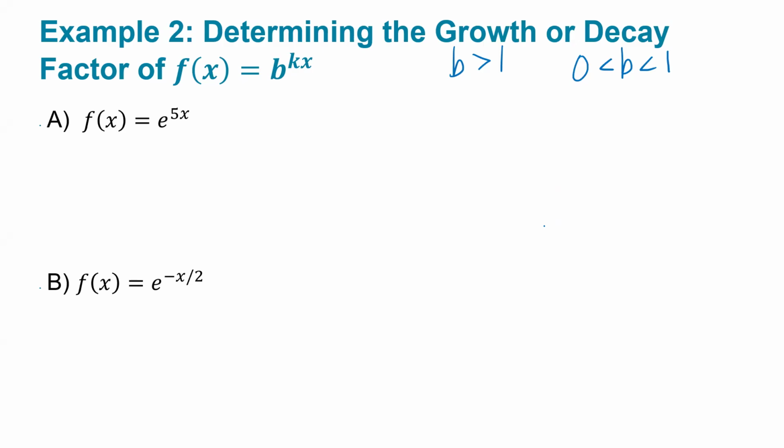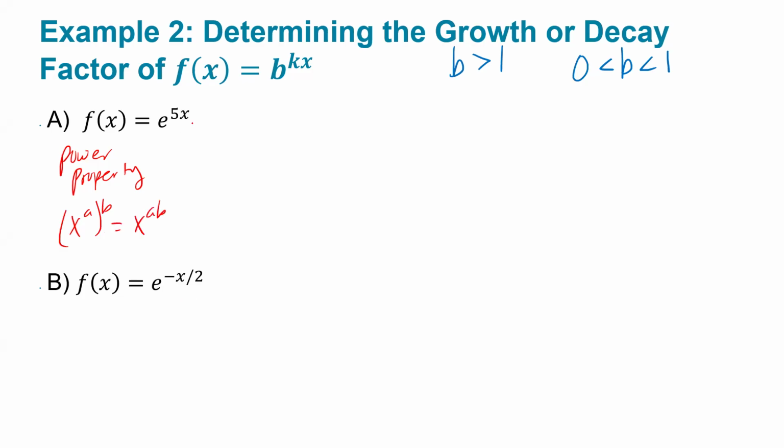So we're going to discuss how to determine whether we have a growth or decay just from a given function model. Up first, we have f of x equals e to the 5x. What we're going to use here is our power property, but we're undoing the power property. The power property said that if you have x a to the b, it becomes x times a to the b, correct?